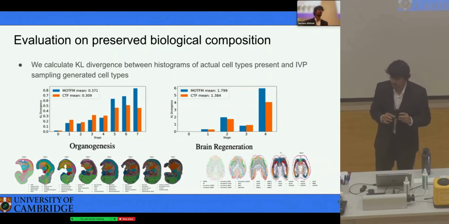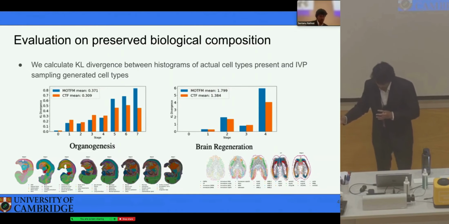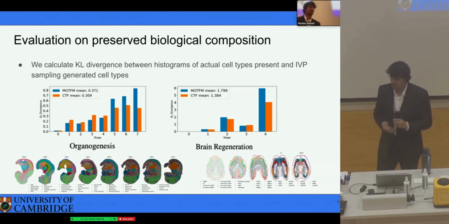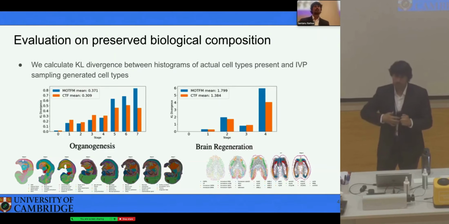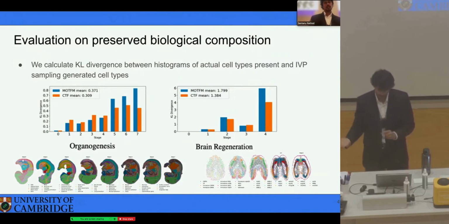Because from the data you can know that the later half of the time process will have more mature cells like mature liver, mature kidney, mature heart cells compared to the immature cell types. And we want to check, do we observe these biological sensibilities in the prediction that we make?